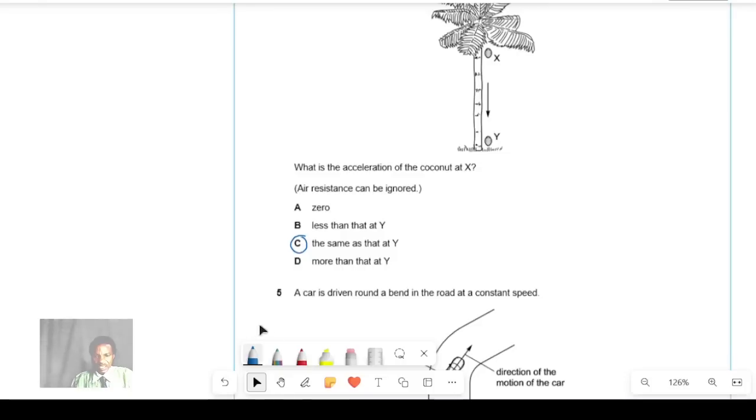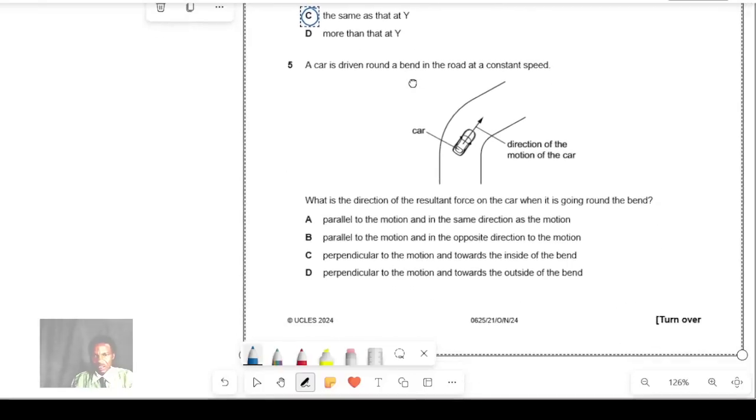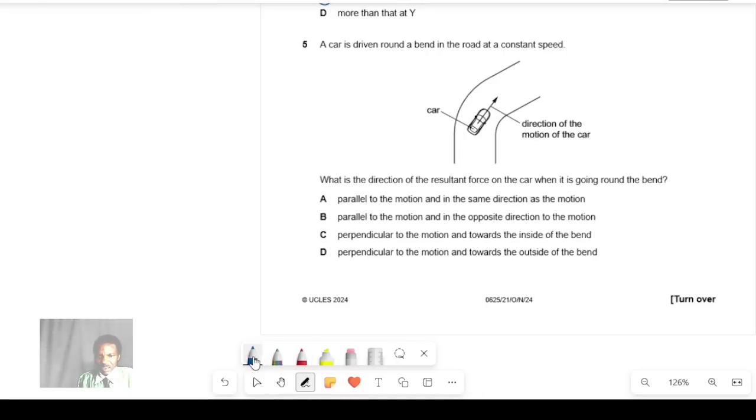Then the next one is: a car is driven round a bend. So this is centripetal force. What is the direction of the resultant force on the car as it goes round the bend?